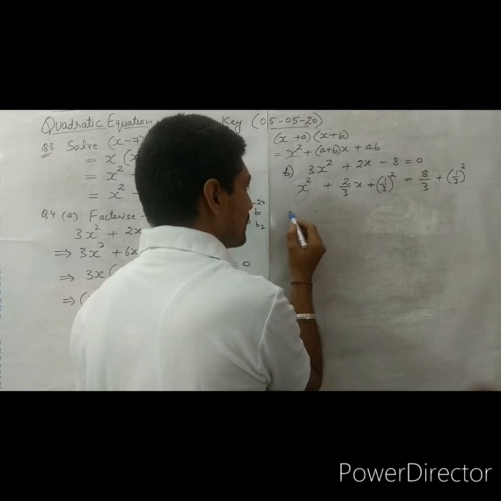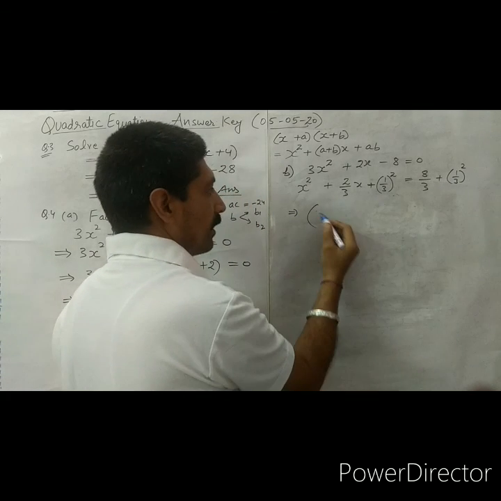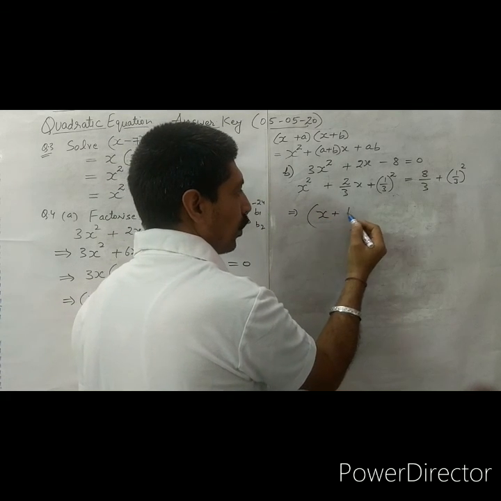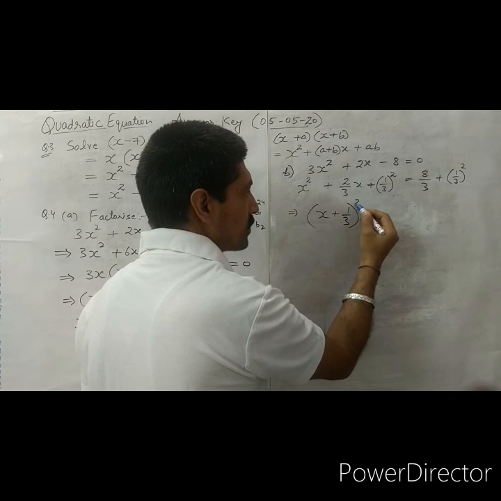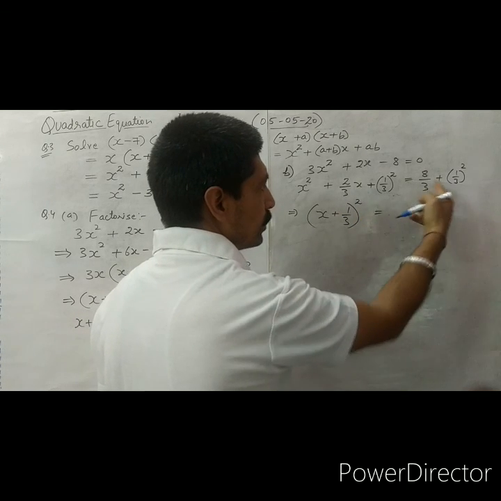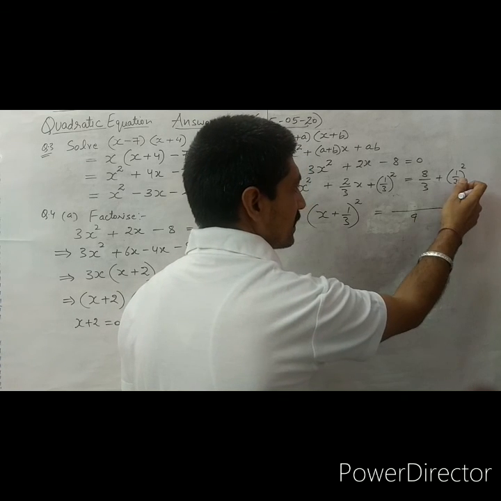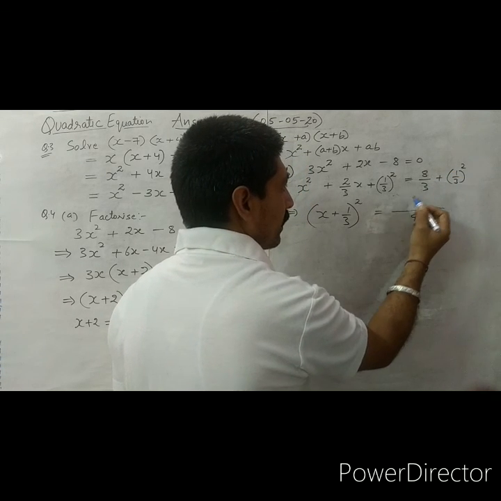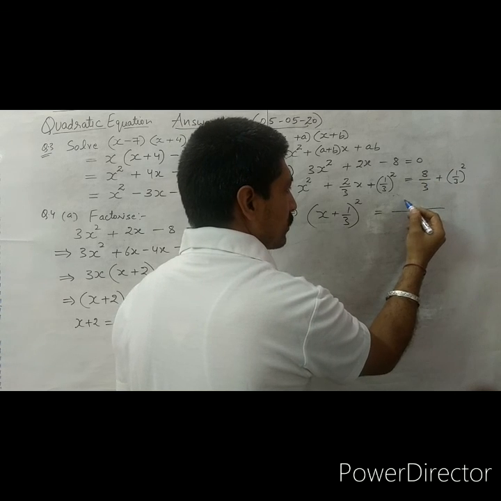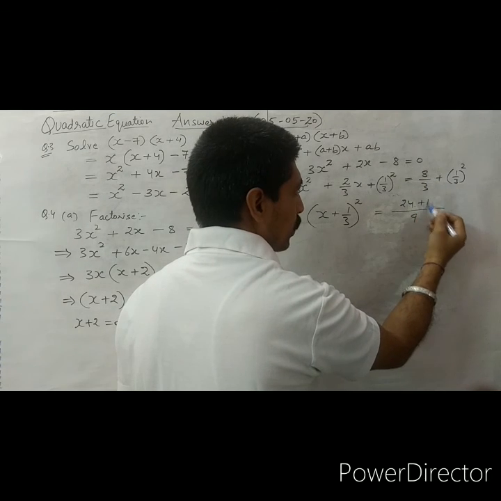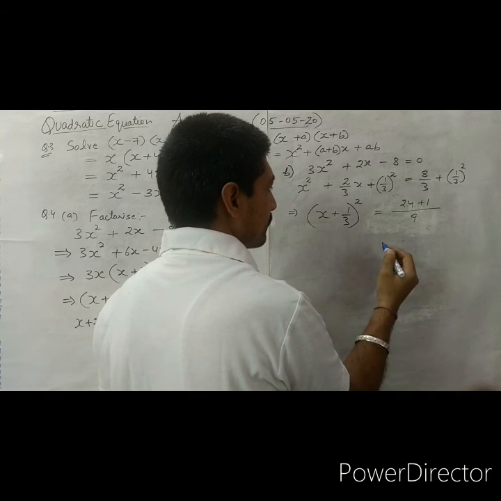So we will get x plus 1 by 3 whole square is equal to, here we have LCM 9, 3 3s are 9. So here 8 into 3, 24 plus 1, that is 25 upon 9.